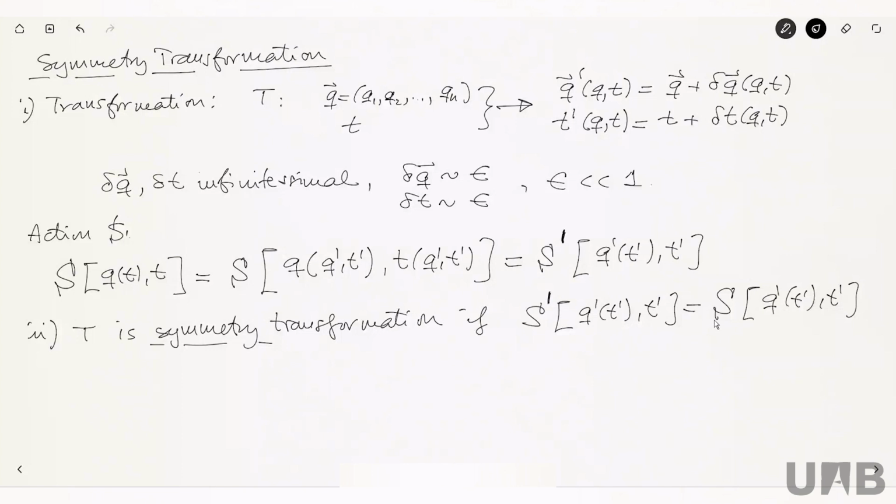All right, so this is a symmetry transformation, and now we have to see what consequences we can derive from this condition right here. Okay, any questions? I heard a little noise, so any questions, or is the situation clear and I can carry on?